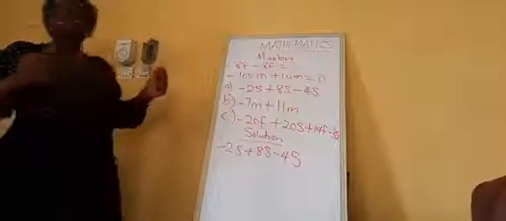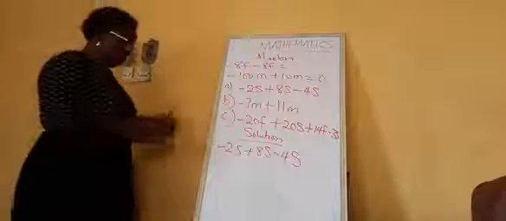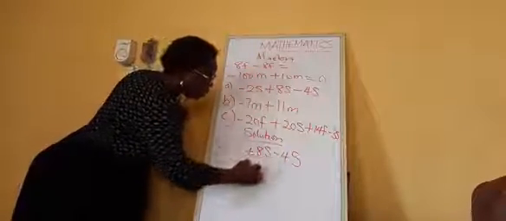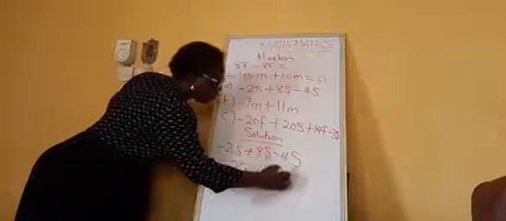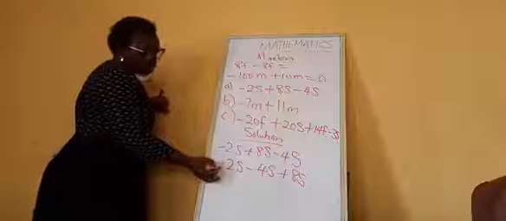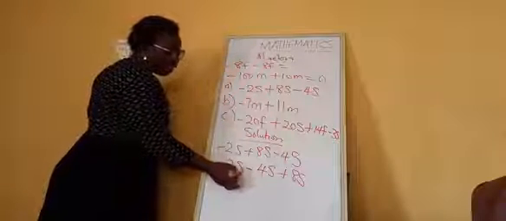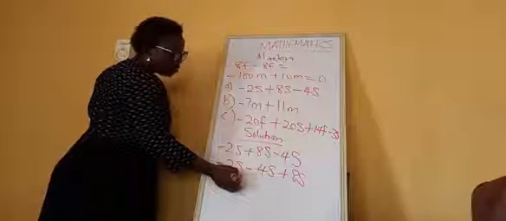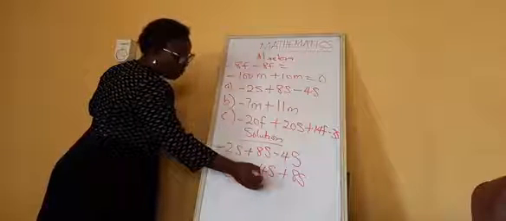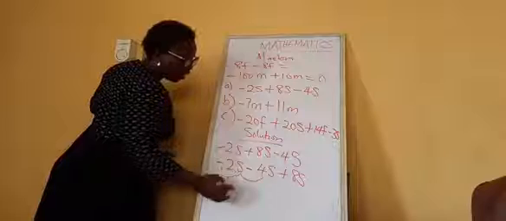You can bring the debts together. You have minus 2s, then you have minus 4s, then you have plus 8s. You are going to add it to another debt, 4 debts, making how many debts now? Thank you, 6.